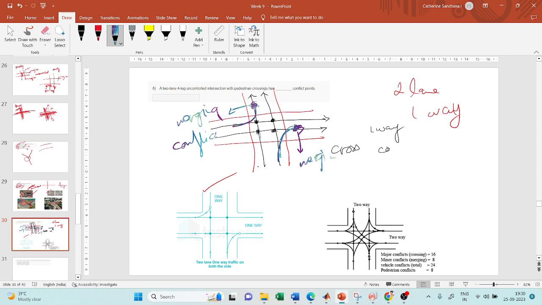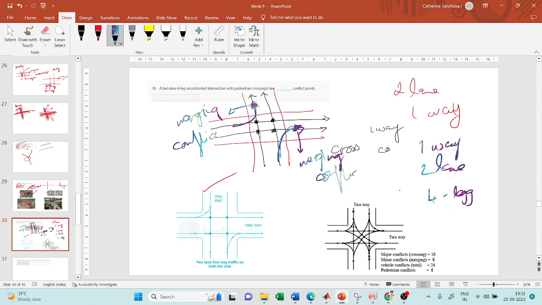So this is called a merging conflict, and this is a minor conflict point. So for one-way, two-lane, four-legged, you have four legs, right?